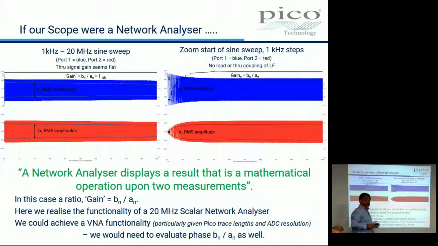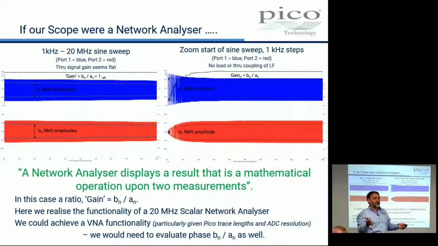We could make a VNA. You could have a 20 megahertz VNA here, because you could analyze phase of each of these blocks. You could measure phase as well, and you could plot phase of each one against frequency as frequency increased, yeah? At each frequency you could plot phase. And then you'd have a vector network analyzer.